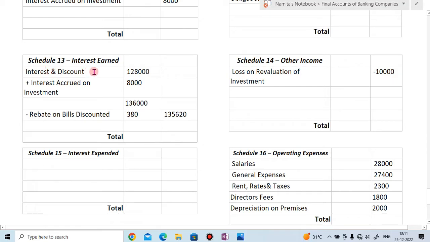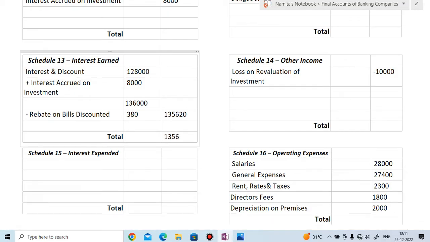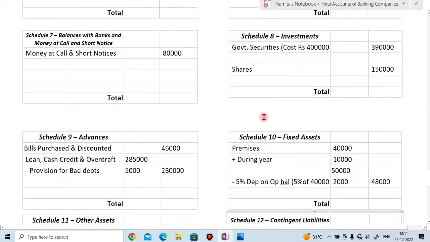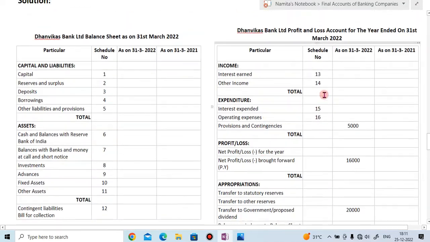So schedule number 13, total is how much? 1,35,620. Okay, so write in the profit and loss account under schedule number 13, interest earned, the total 1,35,620. Okay, 620 is the total.